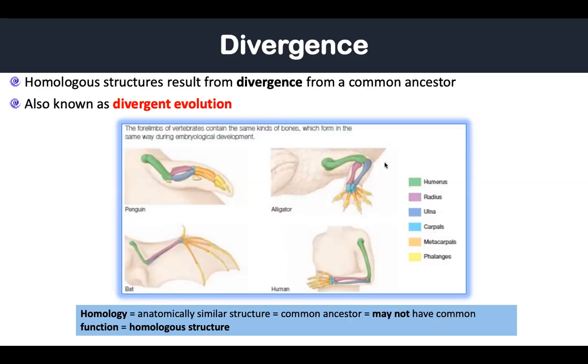Superficially also they look very different, and we all have different functions for these limbs. So these terms are very important. You should know that homology also means anatomically similar structure, and we all have common ancestors, and it may not, however, have a common function. We may use it for different purposes, but these structures are known as homologous structures.